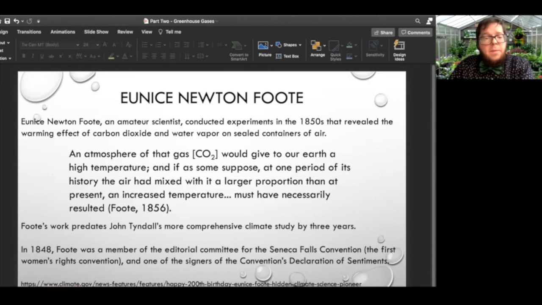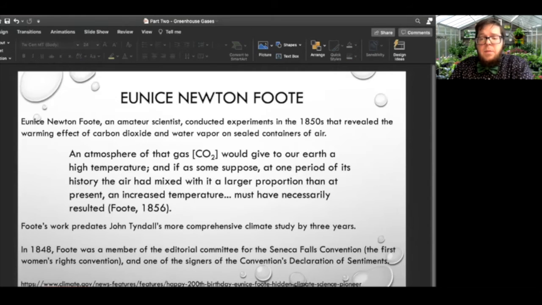There was an amateur scientist in the 1850s named Eunice Newton Foote. She conducted experiments that revealed the warming effect of carbon dioxide and water vapor on sealed containers of air. Quote, an atmosphere of that gas, CO2, would give to our Earth a high temperature.